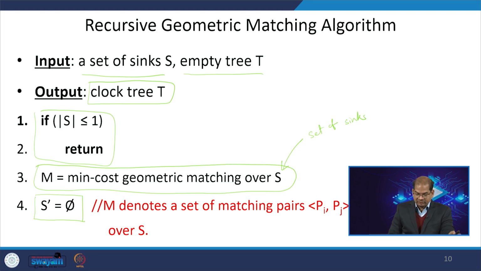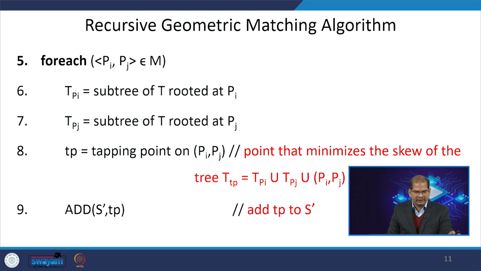So, M denotes the set of matching pairs, Pi comma Pj over S. Okay. So, that procedure will be repeated. So, what we are doing here is that for each pair in that matching set M, we are taking each pair of points and adding to the tree.